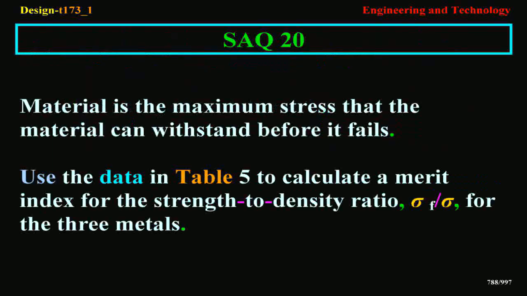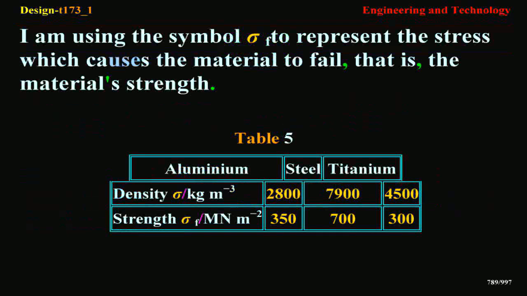SAQ 20. Strength is the maximum stress that the material can withstand before it fails. Use the data in Table 5 to calculate a merit index for the strength to density ratio. For the three metals, I am using the symbol σF to represent the stress which causes the material to fail, that is, the material's strength. Table 5: aluminum, steel, titanium; density, kg/m³: 2800, 7900, 4500; strength σF, MN/m²: 350, 700, 300.